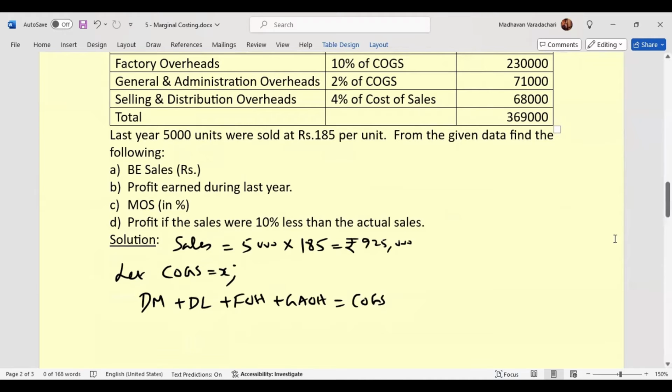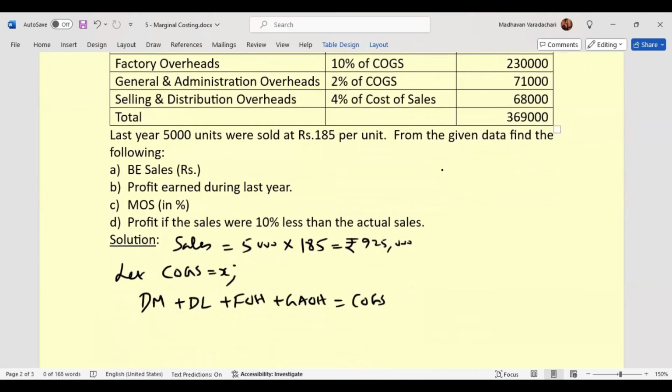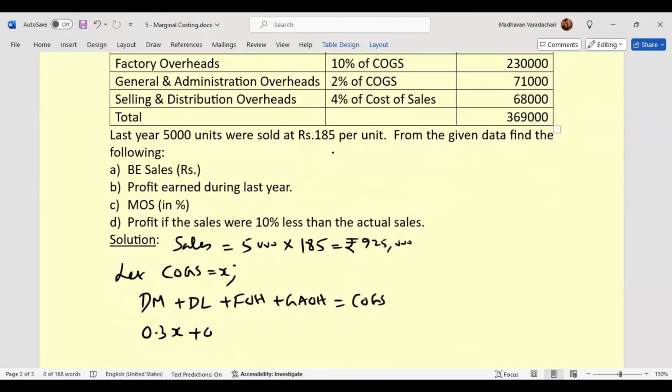So now direct materials, we may see 30% of COGS, that is 0.3 times X, and then direct labor 15%, so 0.15 times X, and factory overheads 0.1 times X, plus fixed cost 2,30,000, plus general and administration overhead 0.02 times X, plus 71,000.